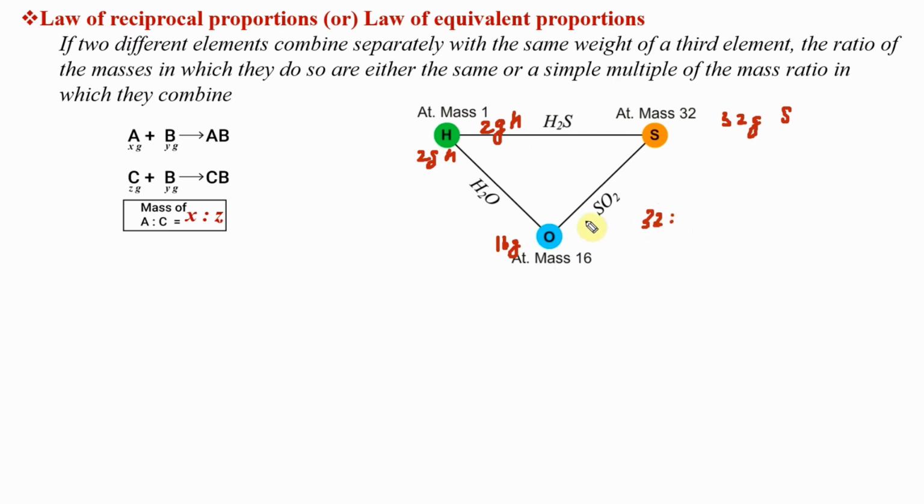Here it is 2 is to 32, here it is 2 is to 16. So they will combine in the ratio 32 is to 16, either the same or a simple multiple. So a multiple of this would be 32 is to 32.